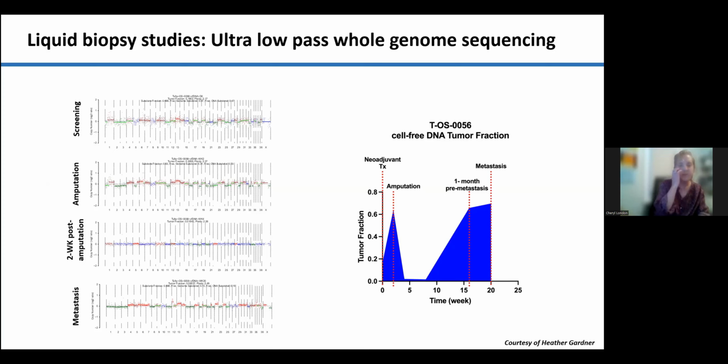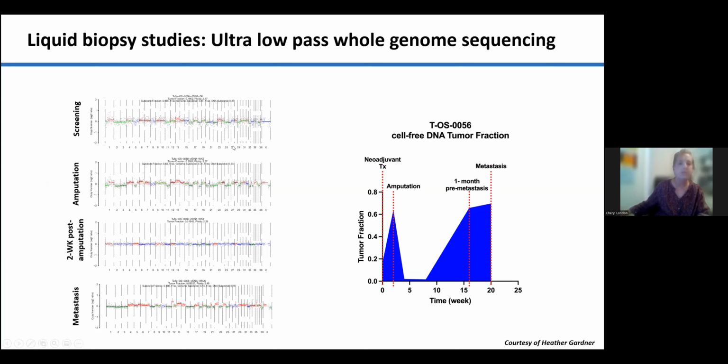This here is an example of one of our studies where we were able to show in dogs with osteosarcoma that they have high levels of circulating tumor DNA at baseline. Then when their tumor is removed by amputation, you can see that it drops down to 0, and you can actually detect the circulating tumor DNA by ultra low pass whole genome sequencing 1 month prior to seeing clinical evidence of metastatic disease.